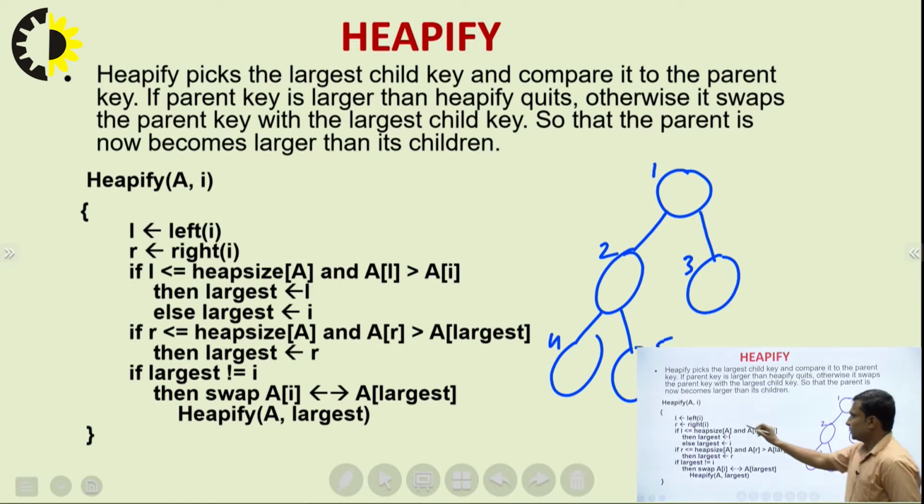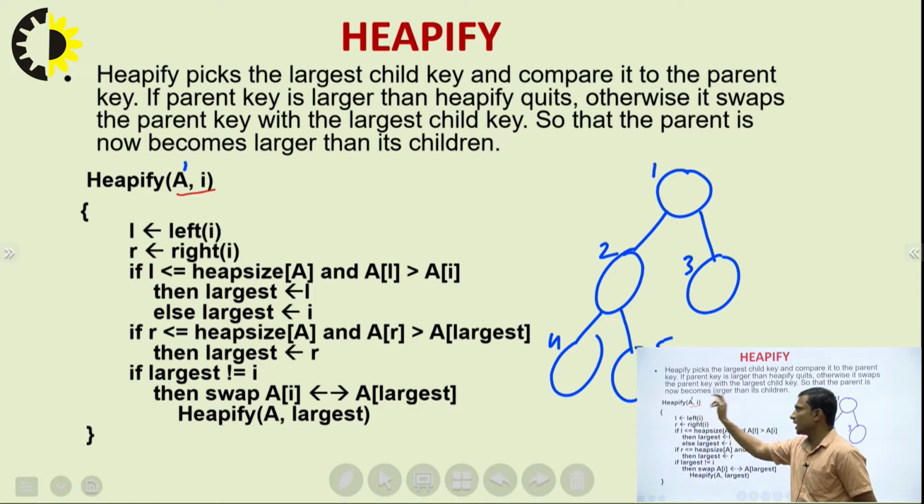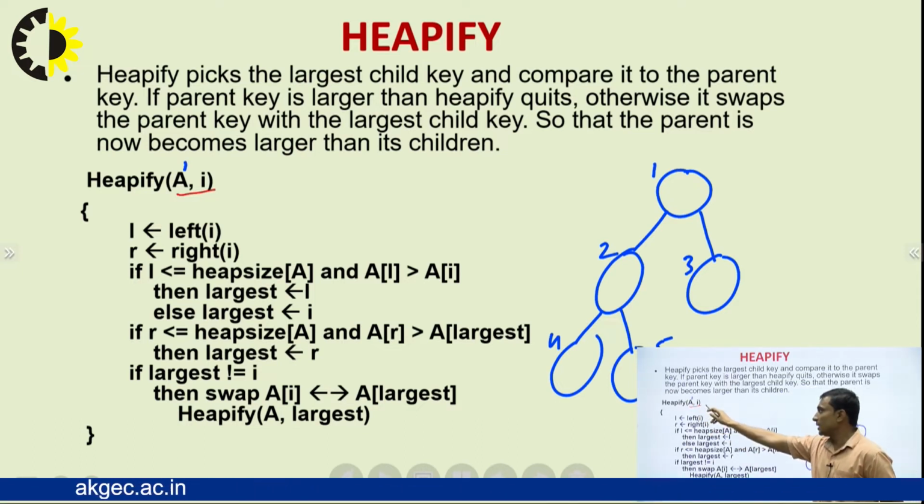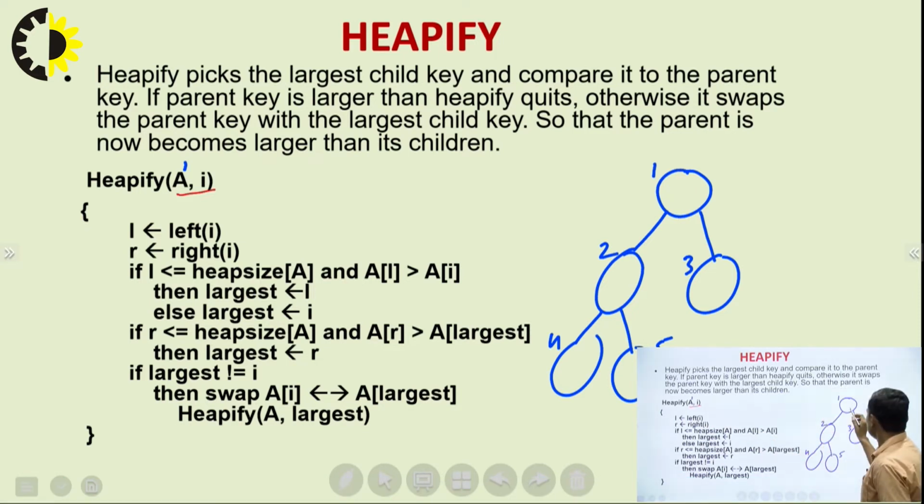Every time in this heapify we are having certain input, that is A and I. A is the elements which are available in our array, and I is the index. Suppose we have certain arbitrary numbers here, let's say 5, 3, 10, 11 and 16. So these are the values we have in this array.